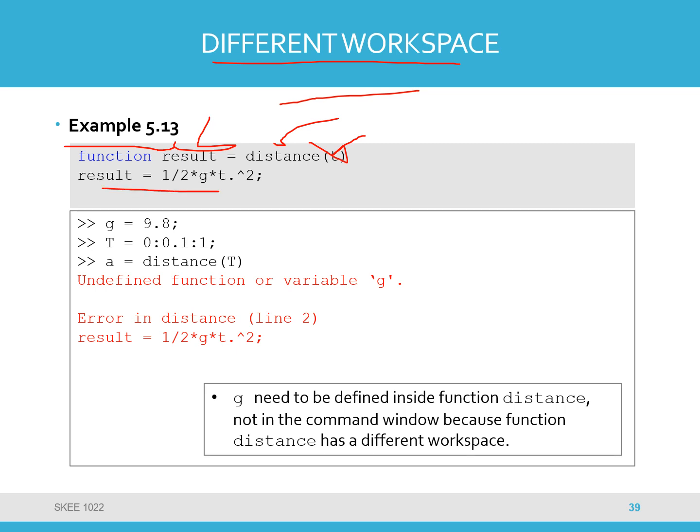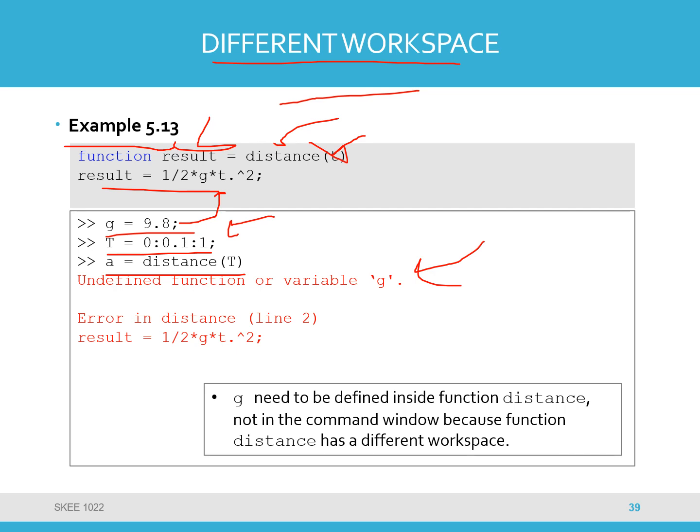G is needed in the function, but G is placed here, at the command window. So if you run this, it will be an error because the base workspace is not shared with the function workspace.